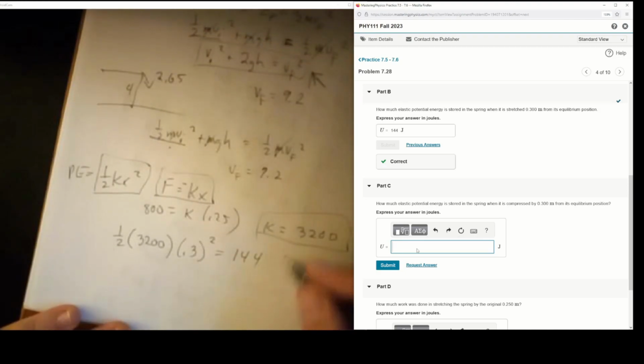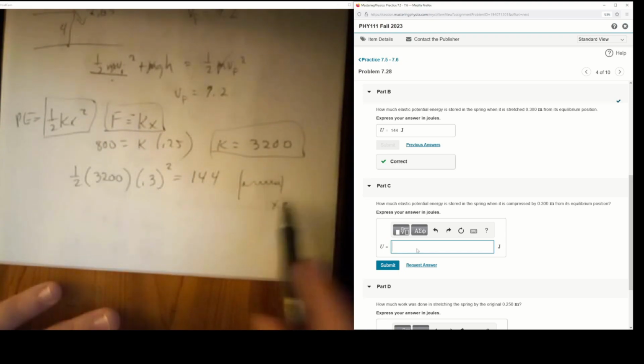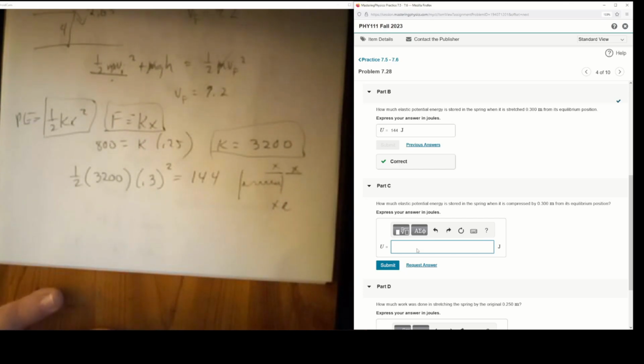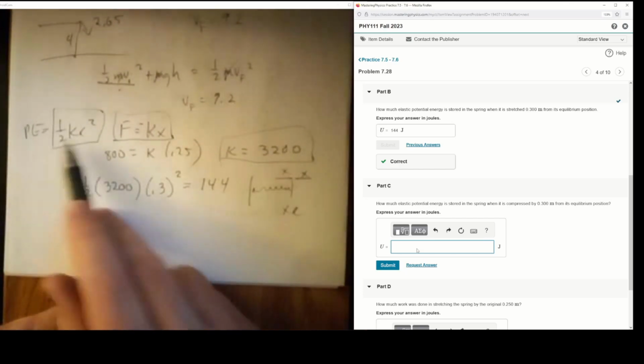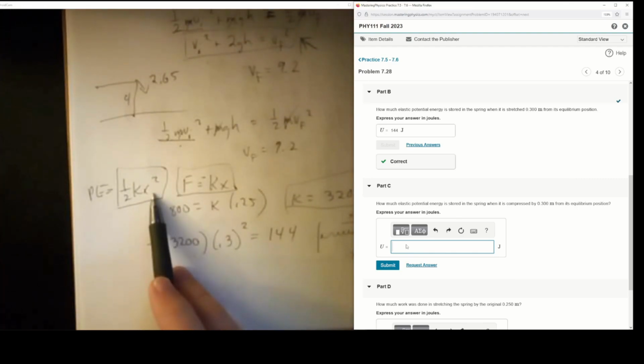When a spring is just hanging out by itself, it has some equilibrium distance, and whether you stretch it a distance x or compress it a distance x, the result is always 1/2 kx squared. So part C is the same answer as part B. Both are 1/2 kx squared.